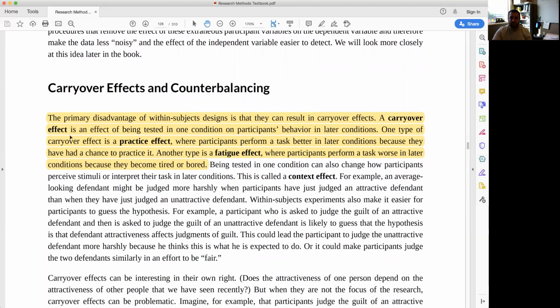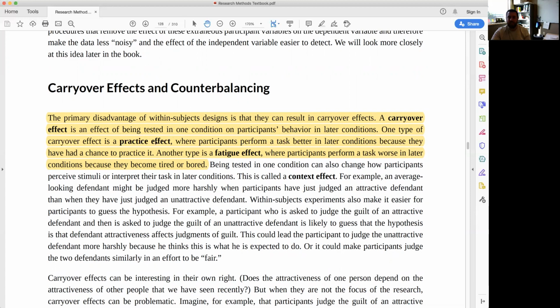One is a carryover effect, is that ultimately, because they've been exposed to the condition before, and now it's just a variation on it, are they ultimately going to carry over some of the ideas and thoughts they had beforehand, right? So we can have something called a practice effect.